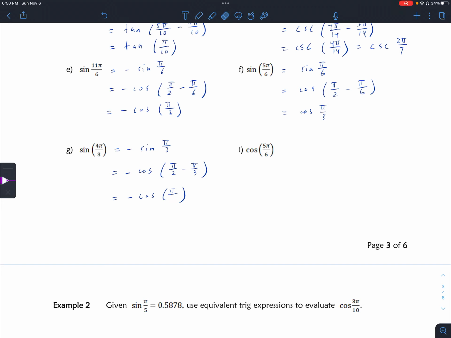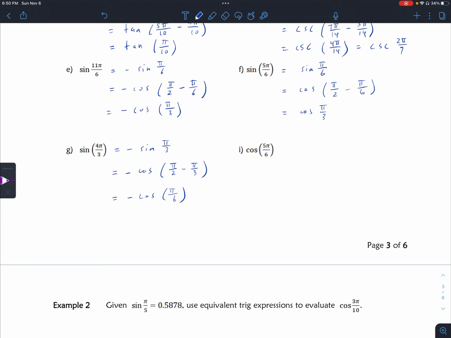The complementary angle. It kind of makes sense that it's negative, because both sine and cosine are negative in the third quadrant. So we would expect the cosine ratio to also be negative.